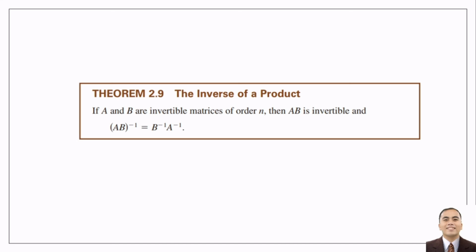If A and B are invertible matrices of order n, then A times B is invertible, and the inverse of A times B is equal to the inverse of B times the inverse of A.